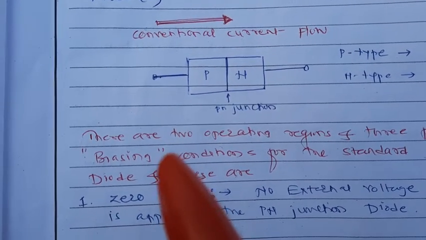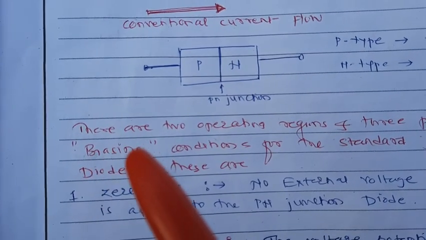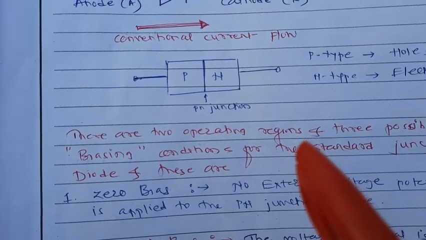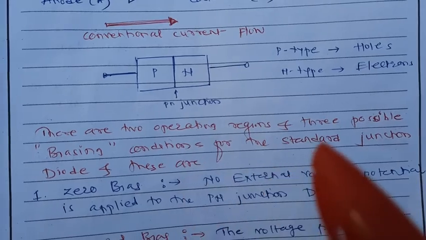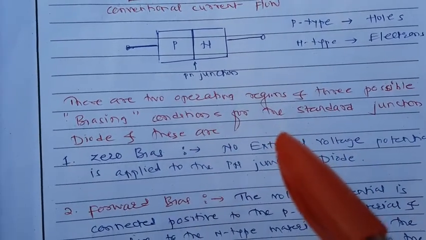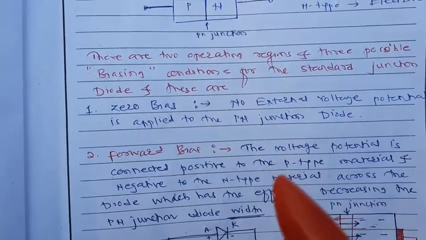Biasing is applying an external voltage to the diode. There are two operating regions and three possible biasing conditions for the standard junction diode. These are zero biasing, forward biasing, and reverse biasing.